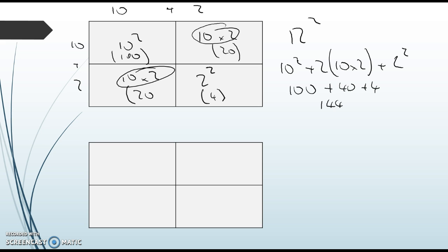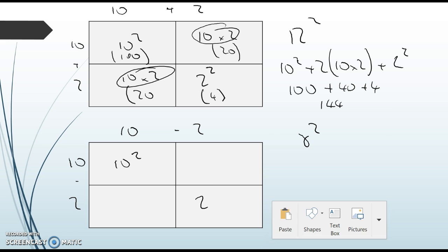We'll do one more, but this time we're actually going to make it a subtraction instead of an addition. So we actually want to know 8 squared. So we've got 10 minus 2 and 10 minus 2. We have 10 squared. We have negative 2 times negative 2, which is actually a positive 2 squared.